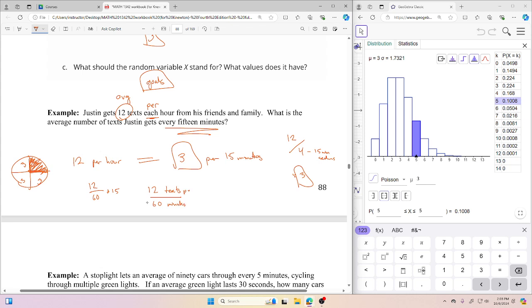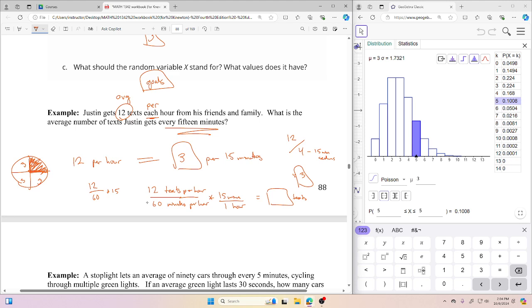Texts per hour, and then minutes per hour. So far, so good. Then what I want is the amount of texts. My answer is going to be blank texts. So I need to multiply it by something that'll start canceling things. So I'm going to say here, we got 15 minutes per 1 hour.